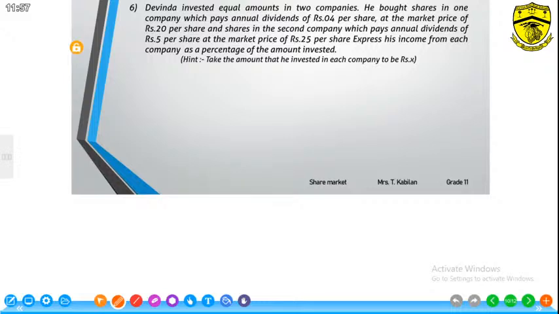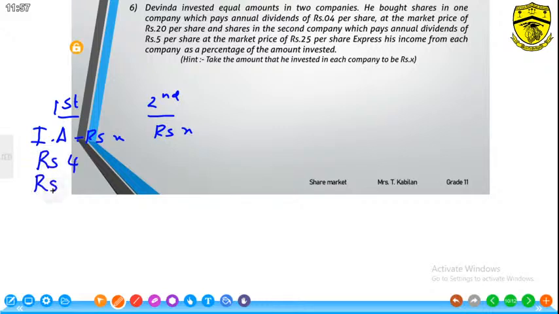Devinda invested in two companies, so we take the first company as first and the second company as second. Devinda invested equal amounts into the two companies, and the invested amount, let us take as X rupees. So the invested amount is rupees X in each company, here also rupees X and here also rupees X. In the first company, the annual dividend is rupees 4 per share and the market price is rupees 20 per share.